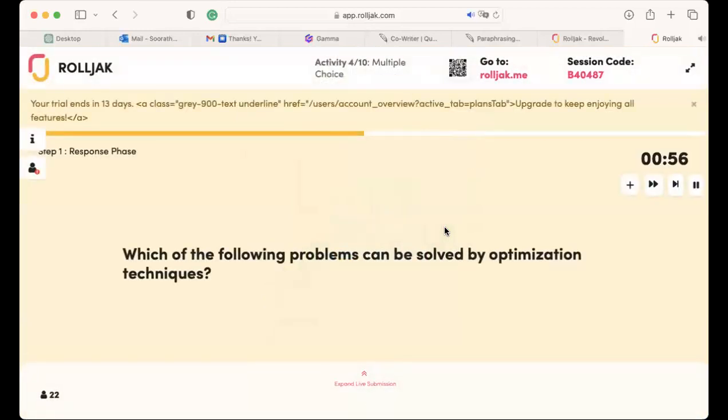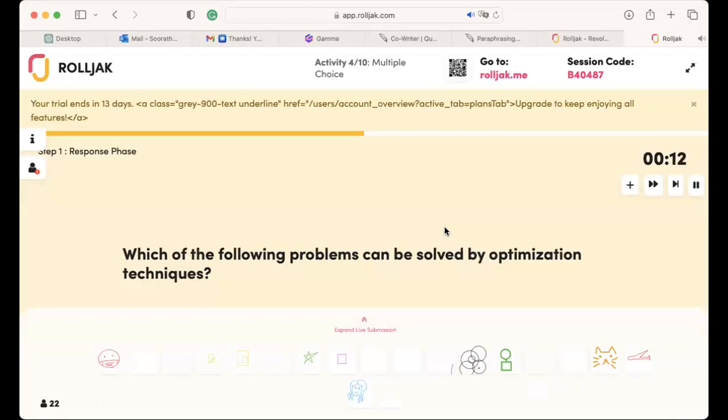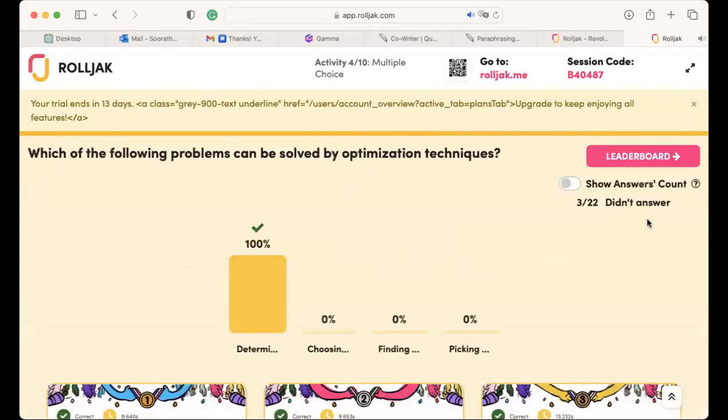Which of the following problems can be solved by optimization techniques? It's linear, right. Yes, 100%.